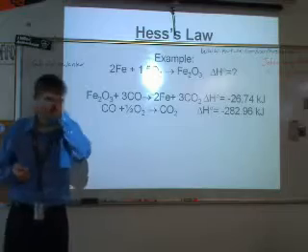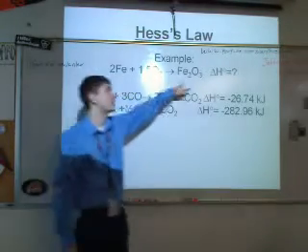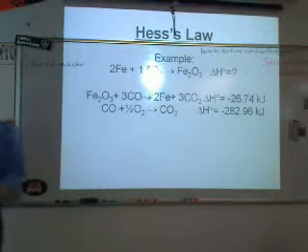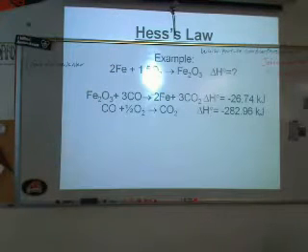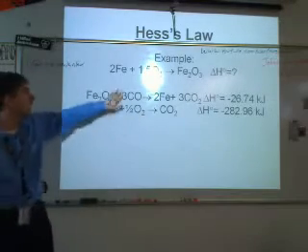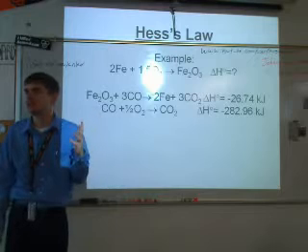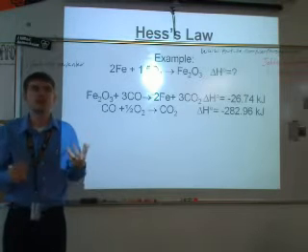Does that make sense? So for instance, there's no carbon in this at all. None. So what I need to do is get rid of anything with carbon. So that means I need things to cancel out. That means they need to be on opposite sides of each other.